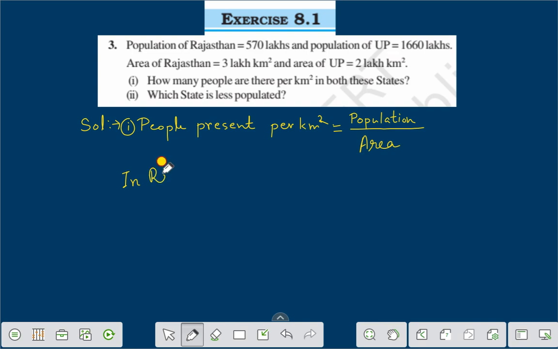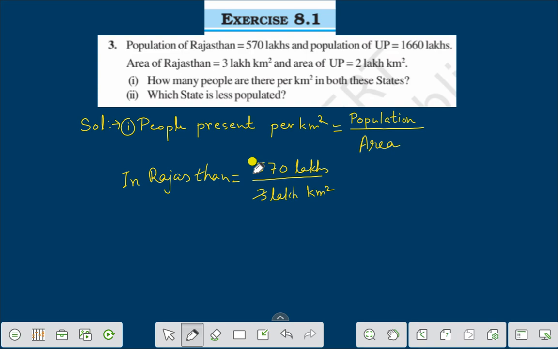In Rajasthan, the population is 570 lakhs and the area is 3 lakh square kilometers. Now divide 570 by 3.